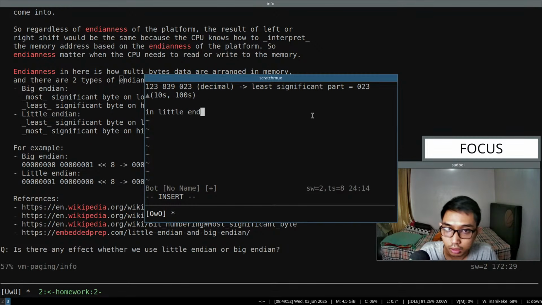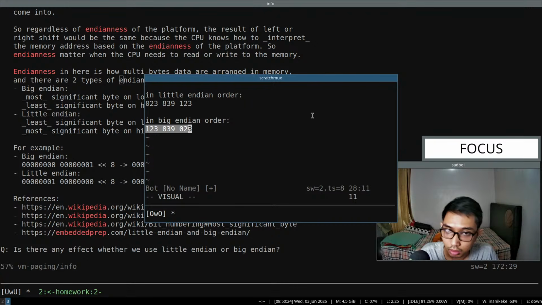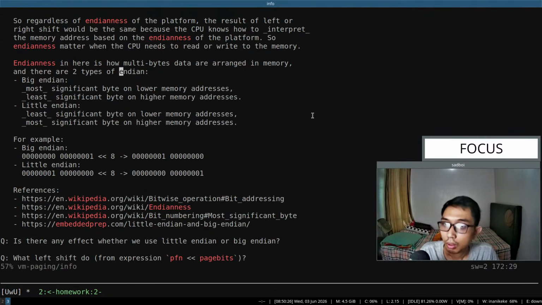Okay, so in little endian memory case, little endian order, it would be something like this. And then in the big endian order, it would be something like this.